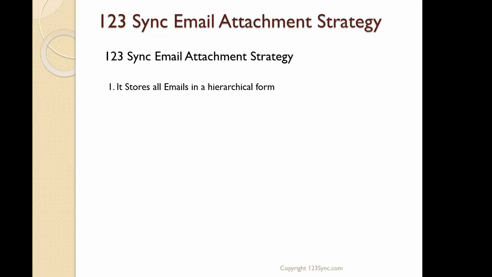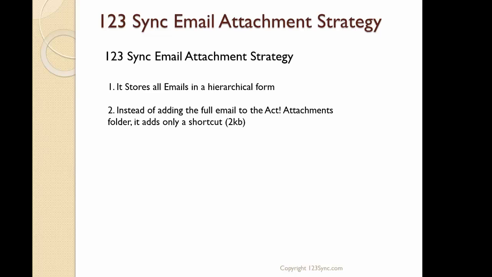So what we do is we store the emails in a hierarchical form. So it's like a Windows tree. And instead of adding the emails into the history item, we add a shortcut. For the user, it's transparent. The user doesn't know he's actually using a shortcut. So we add that.